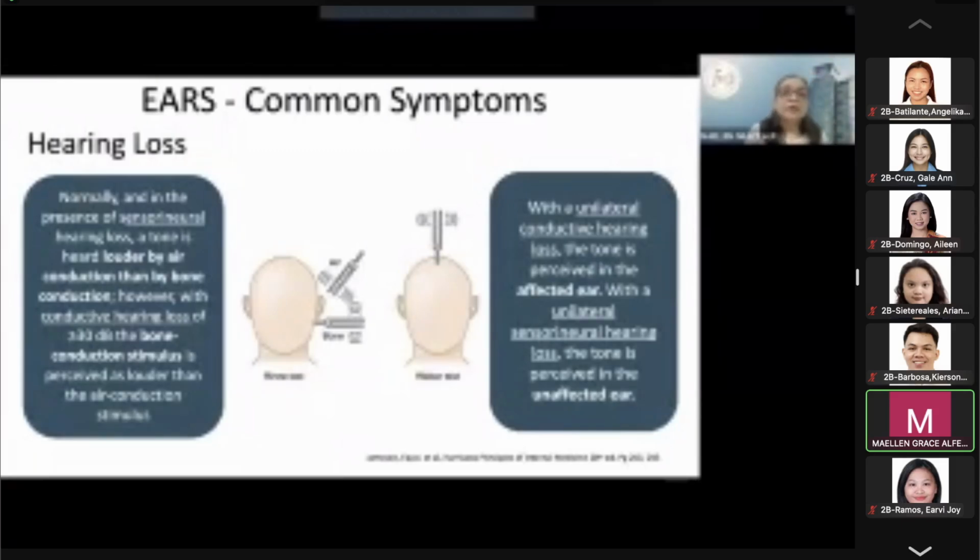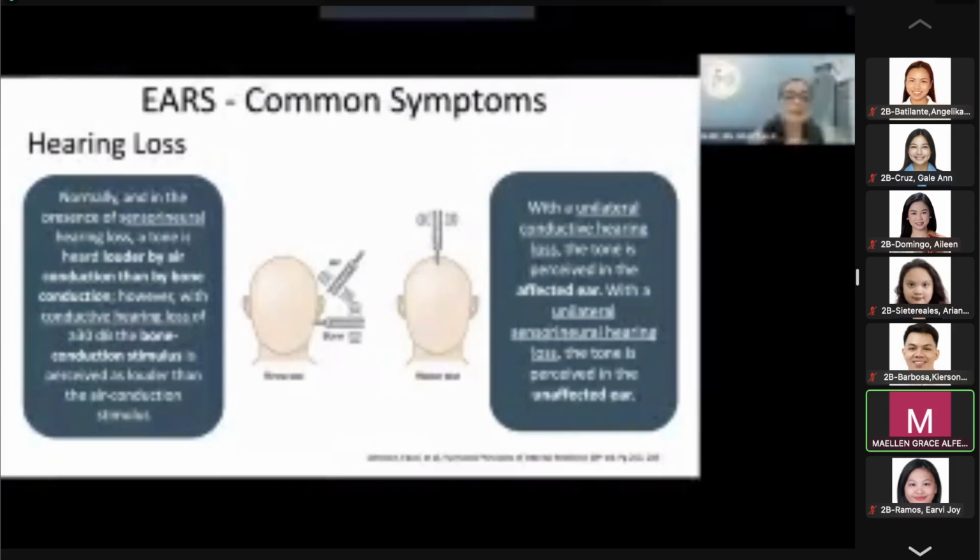But for somebody, let's say the bad ear is the right side. So what happens here if the affected ear is at the right side? If you do the Rinne test, what happens in a conductive hearing loss is that the bone conduction will be greater than the air conduction.